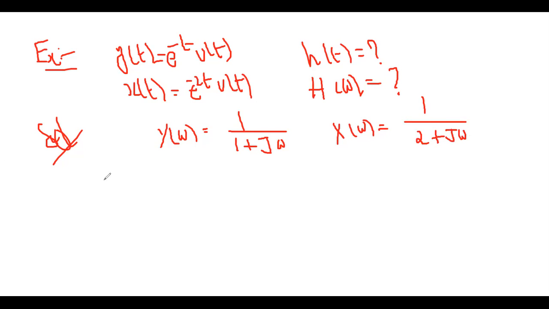We need the h of omega. H of omega is equal to y of omega by x of omega, because it is the system transfer function. The frequency response is also called the system transfer function.